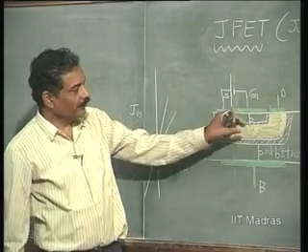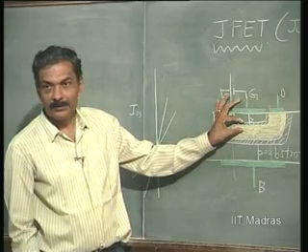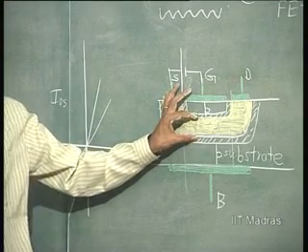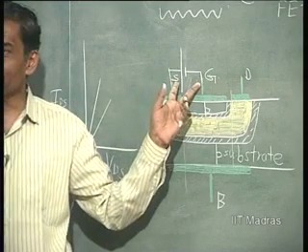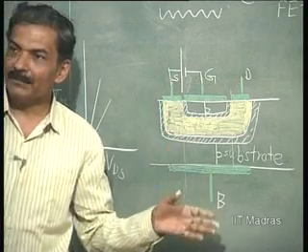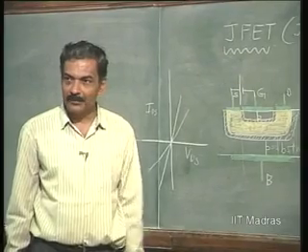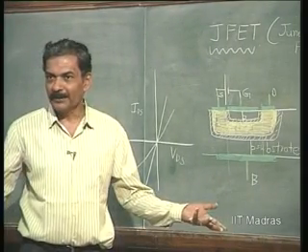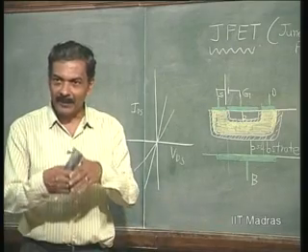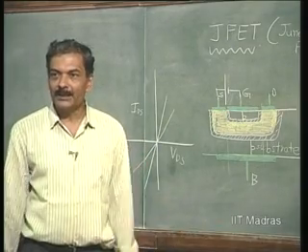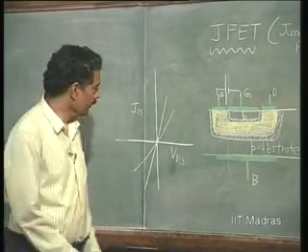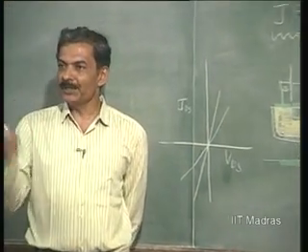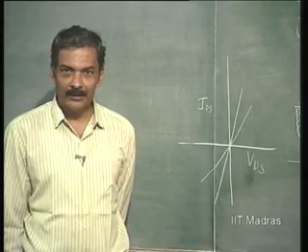So, this depletion layer width is going to increase and channel width is going to decrease, which means there is a specific voltage at which the depletion layer width will cover the entire channel, which we have already defined. Whenever the depletion layer width covers the entire channel, that voltage is called the pinch off voltage. So, here the only voltage that is important is the pinch off voltage, right.